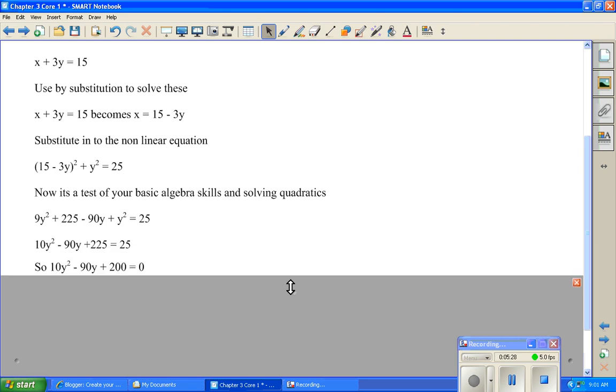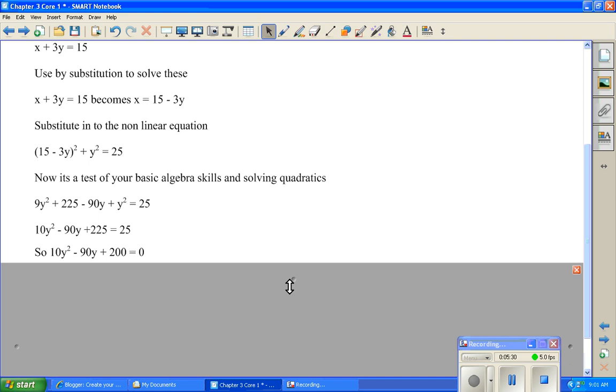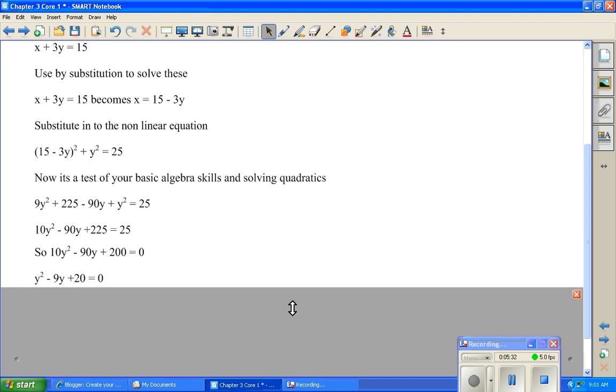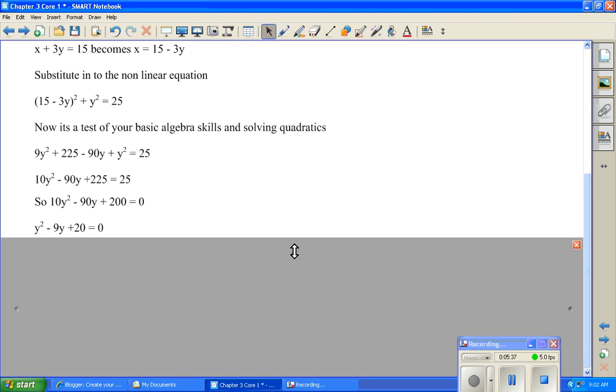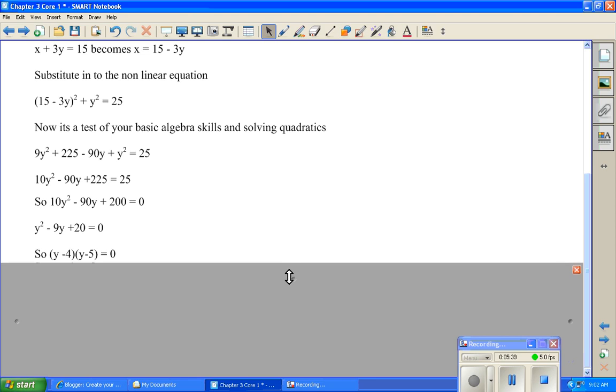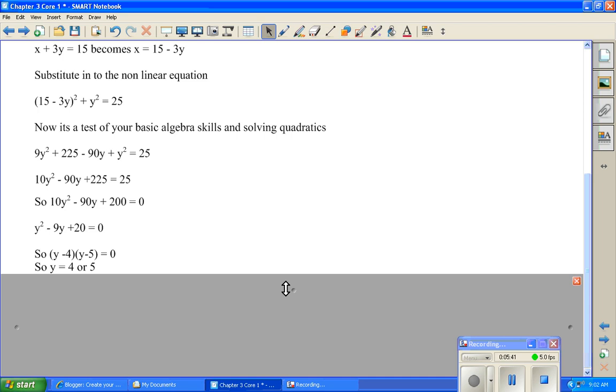Rearrange it. Some more rearranging. More rearranging. And now I'm into a situation where I can factorize. y is 4 or 5.